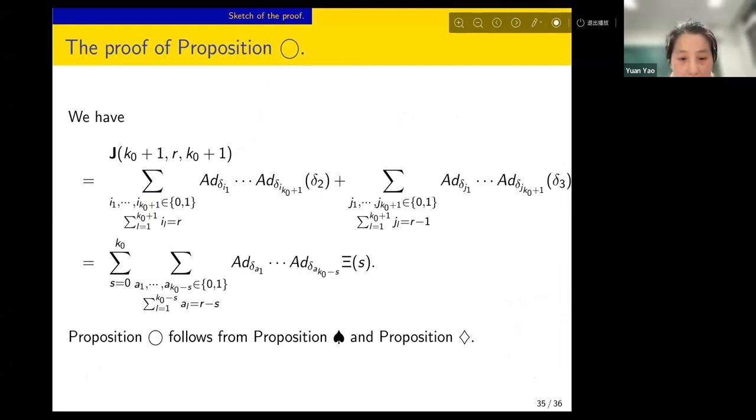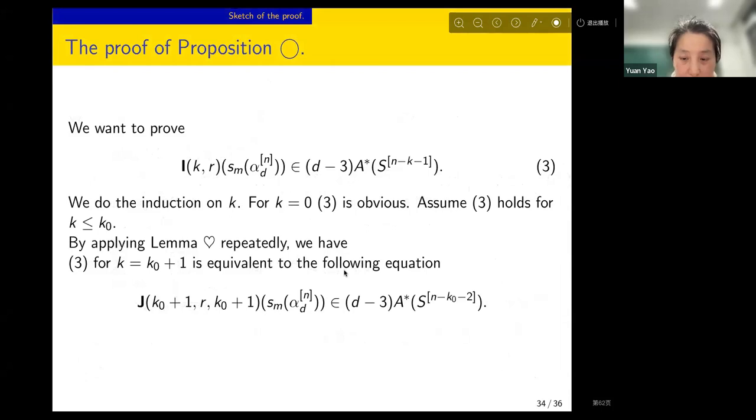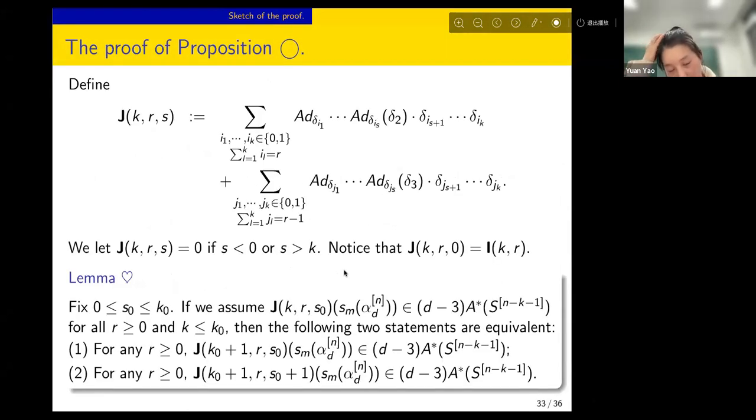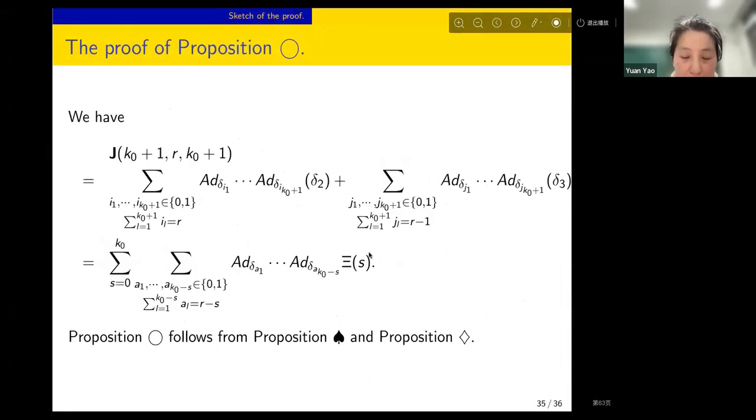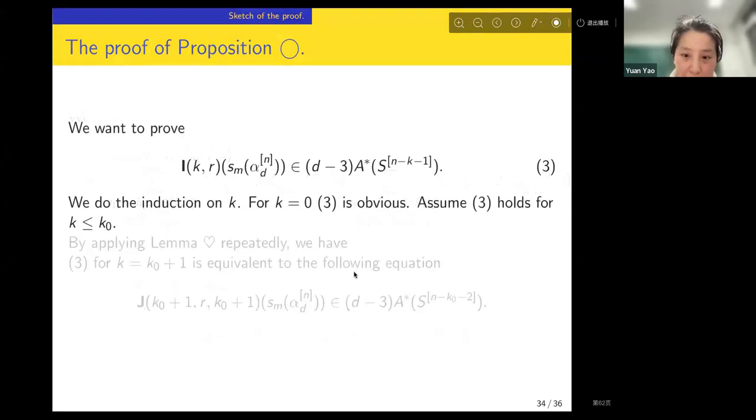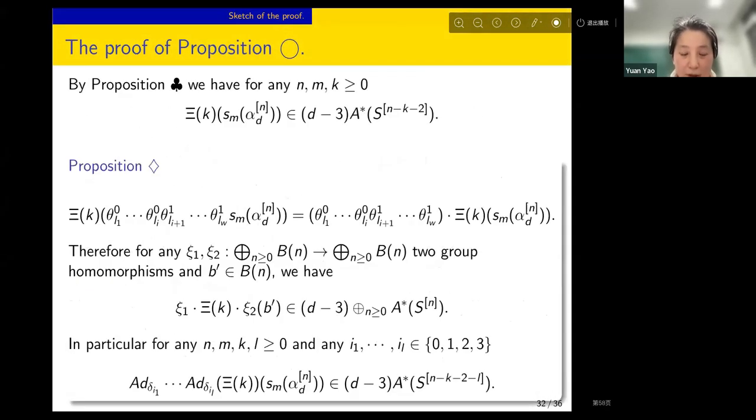Since we already have this: once you get d minus 3 factors, then no matter how many zetas, or what operators you act on it, you always have d minus 3 factors. Once you have this C_s and you act on this, you can use induction and show that it acts on this.